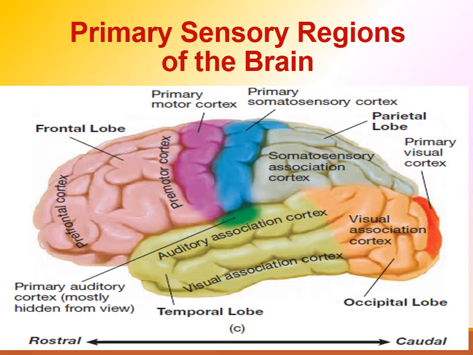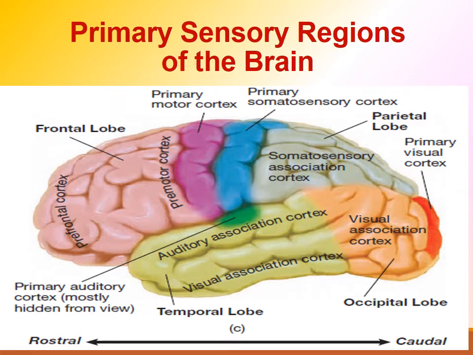So as you can see, the primary motor cortex, this dark pink color, is located just in front of the primary somatosensory cortex, and also in the frontal lobe. The primary motor cortex is connected to muscles in different parts of our body.